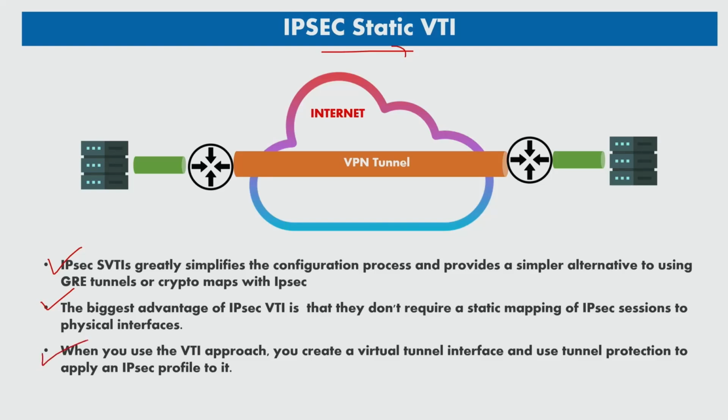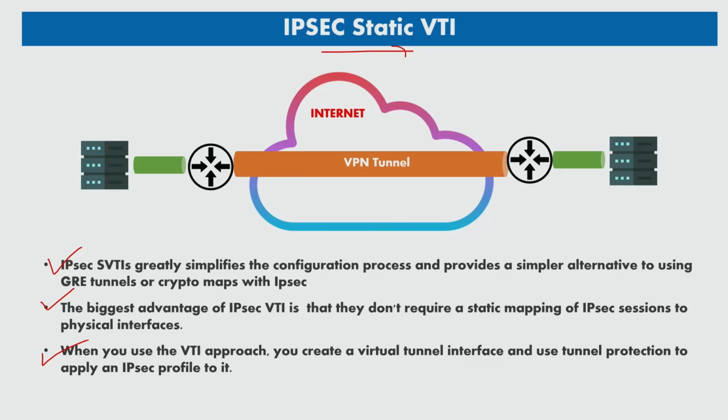When you use the VTI approach, you create a virtual tunnel interface and use tunnel protection to apply an IPsec profile to it. Because crypto maps are automatically generated for each tunnel, it requires fewer configuration lines. Plain text packet features are configured on the VTI, while encrypted packet features are applied on the physical interface. Static VTIs provide a routable interface type for terminating IPsec tunnels, as well as a simple way to define protection between sites and an overlay network.